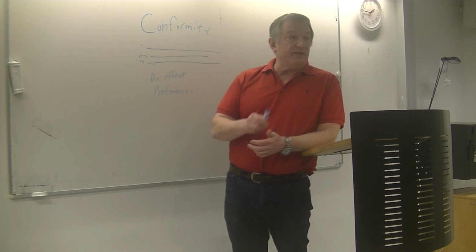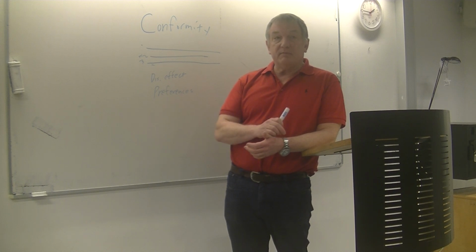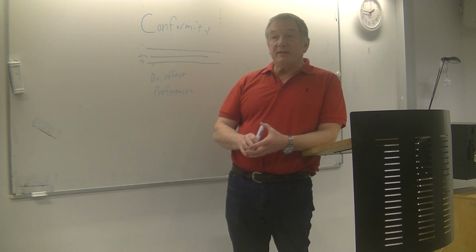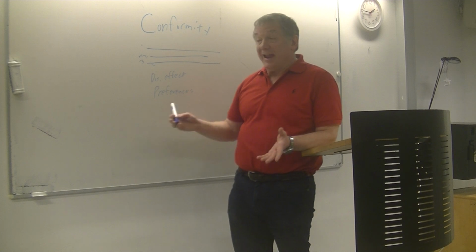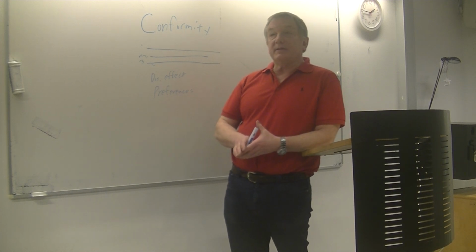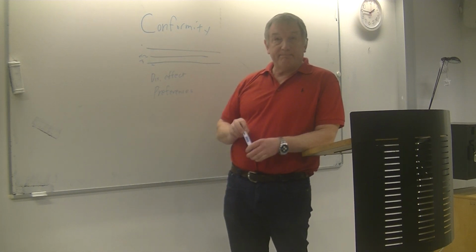Conformity decreased if one person of the group would say different, even though the others said the same. Then you had a much greater increase in the number of times that the person being researched would actually answer correctly and say that this line's shorter than this one.